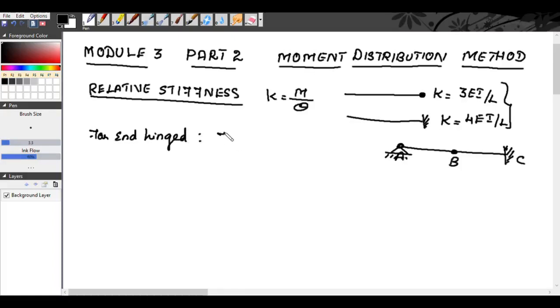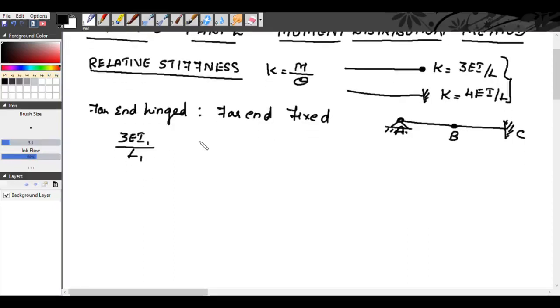We have two cases: when the far end is hinged, our stiffness is 3EI by L1, so you can take 3EI1 by L1 for the first member.